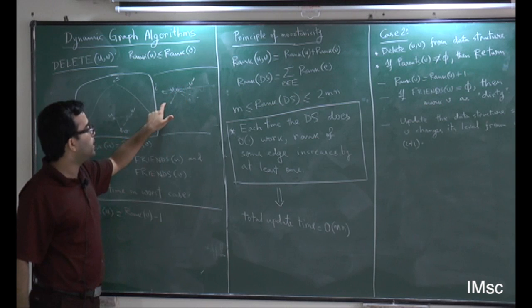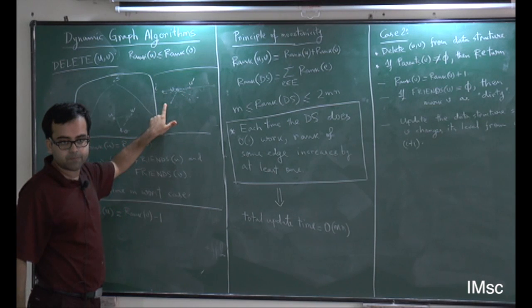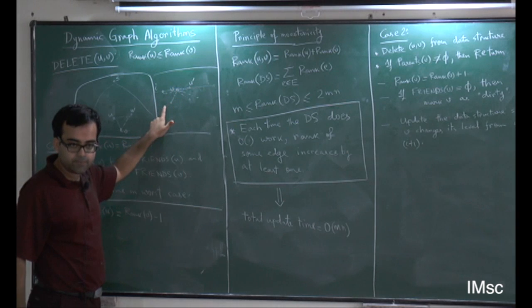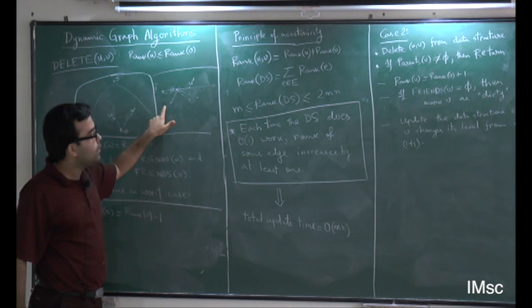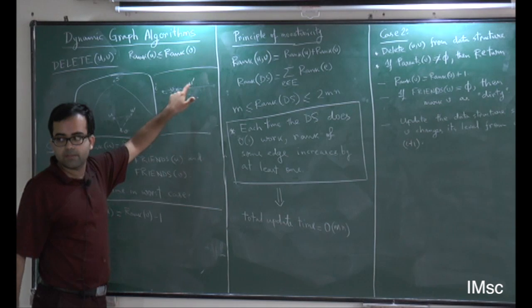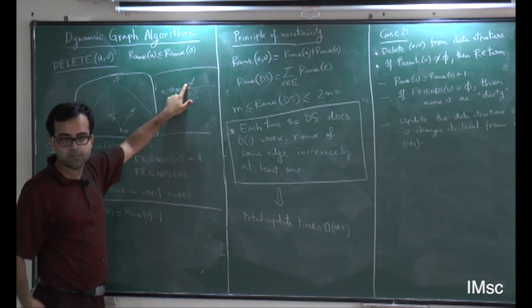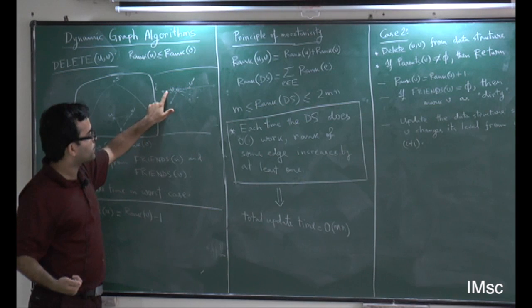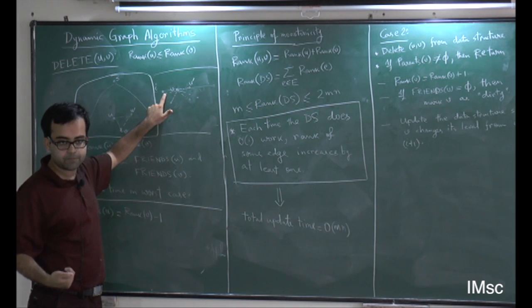This edge will become V's parent. Earlier this was V's friend, now this will become V's parent, and earlier this was u prime's friend, now this will become u prime's child. Okay. So, this is how you will update the children list of V.